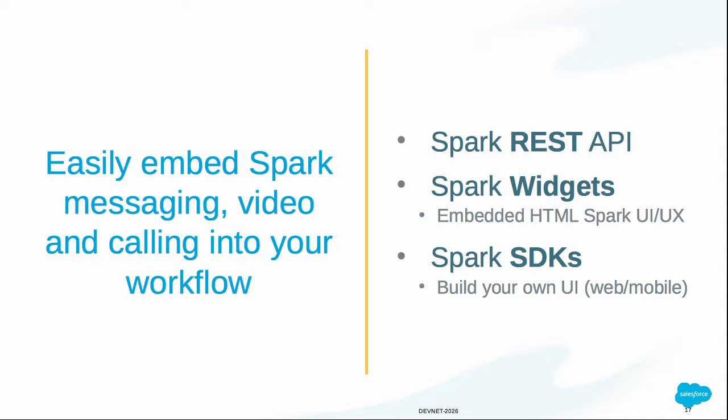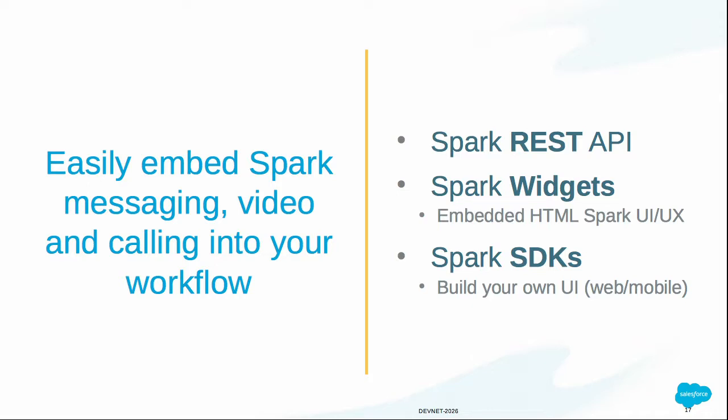The three main branches of SDK capability include the Spark REST API, which is about messaging. So you can build interactive bots, you can build ChatOps types of experiences where applications talk to people and vice versa. You can create Spark rooms automatically, put experts in them, upload files and reports, kick off meetings, all that good stuff.